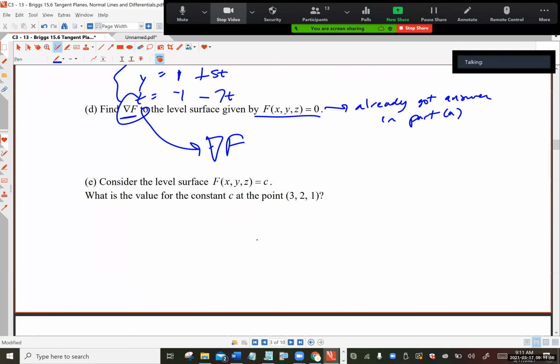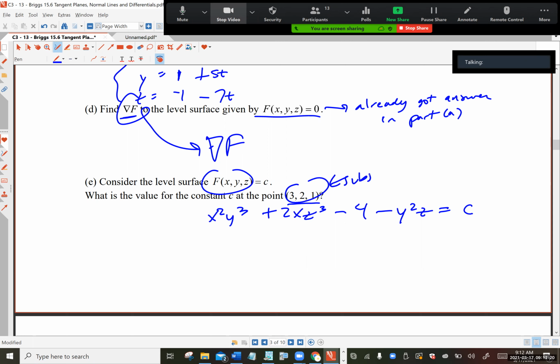Okay, so what is the value for the constant c at the point (3, 2, 1)? What you're going to do is take your F(x, y, z), which is x squared y cubed plus 2xz cubed minus 4 minus y squared z equals 0. But if you want to set it to c instead, we'll go like that. Then you substitute this point in place of x, y, and z respectively.